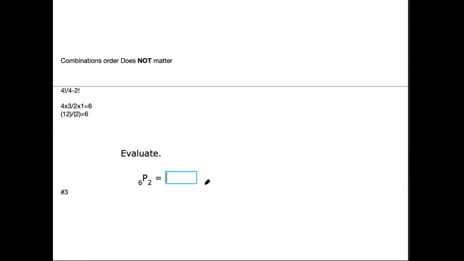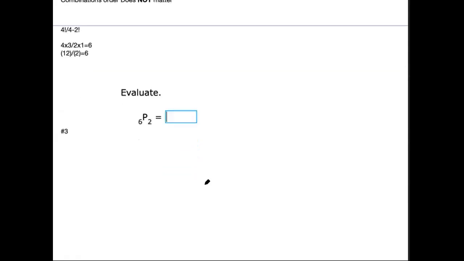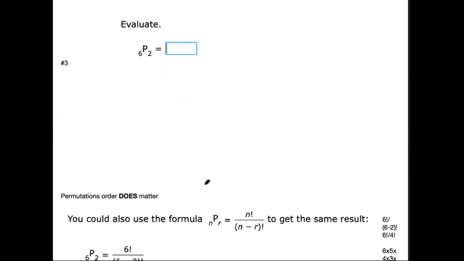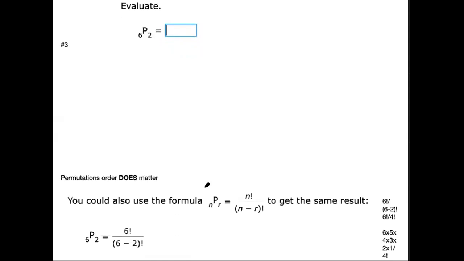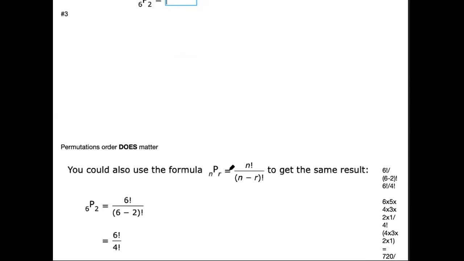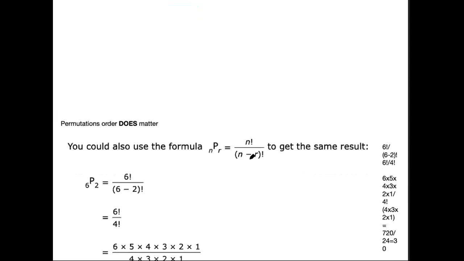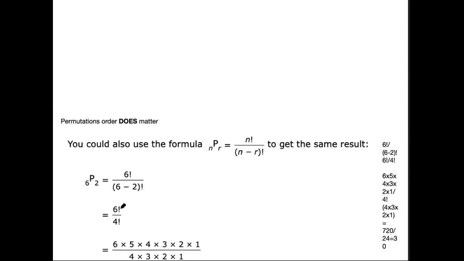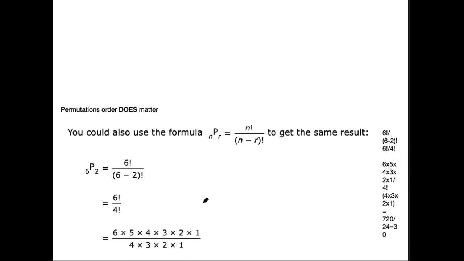So permutation, order does matter, right? Okay. So in this one, I'm going to use this formula right here. I'm just going to show you the steps. So you got nPr, n factorial on top, n minus r factorial on the bottom. And then that'd be 6 factorial on the top, 4 factorial on the bottom.